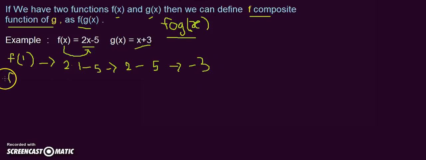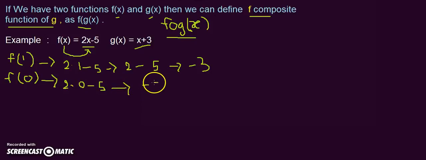Now, what about f of 0? If we want to find f of 0, it is 2 multiplied with 0 minus 5. 2 into 0 is 0, minus 5, which results in minus 5.